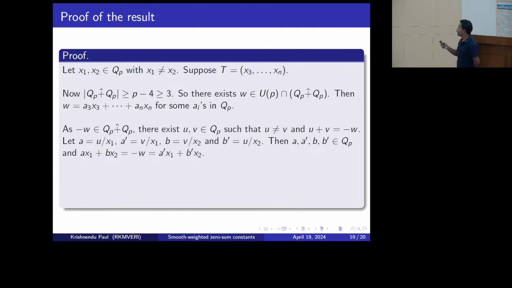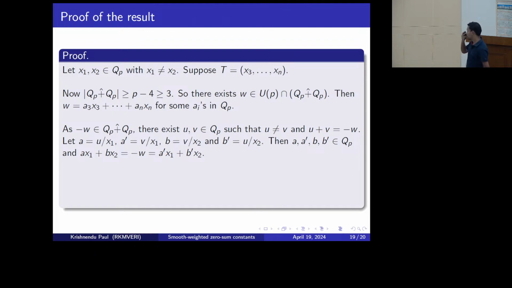Now as my W belongs to the restricted sum set, minus W will also be there, by Cauchy-Davenport. Minus W is also in the restricted sum set.